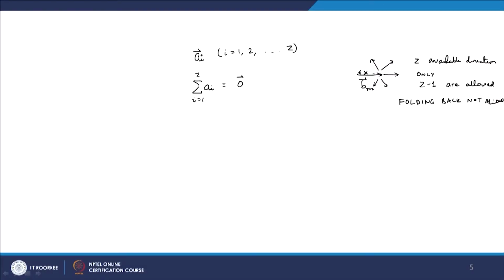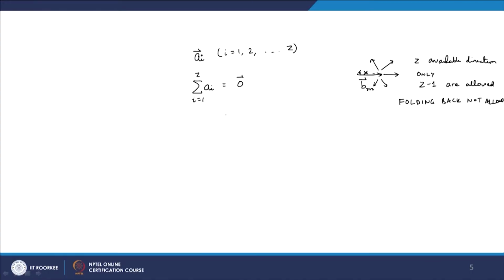But now we are disallowing the minus of Bm. So, Bm plus 1 can take all the directions, same as what I have written as Ai, except minus Bm. Okay. So, now I can also represent this sum as the sum of all the possible values of Bm plus 1 plus the one that I am disallowing.